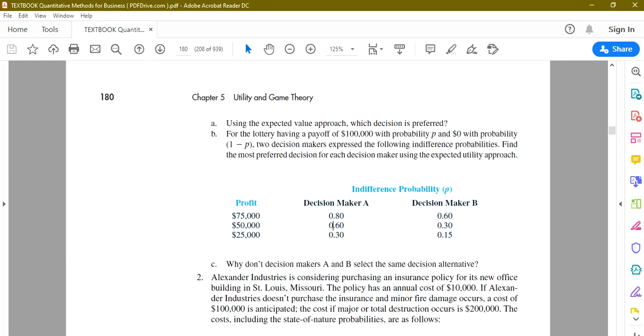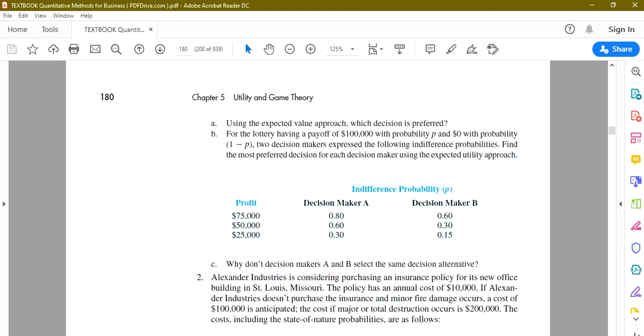Then let's go for part B. It is asking us about a lottery having payoffs of $100,000 with the probability of p and 0 with the probability of 1 minus p. Two decision makers expressed the following indifference probabilities.